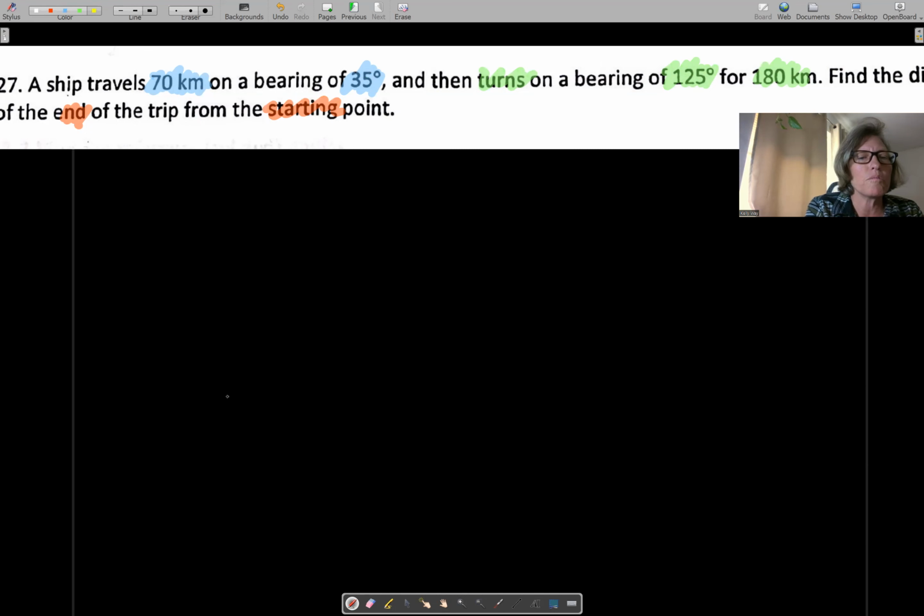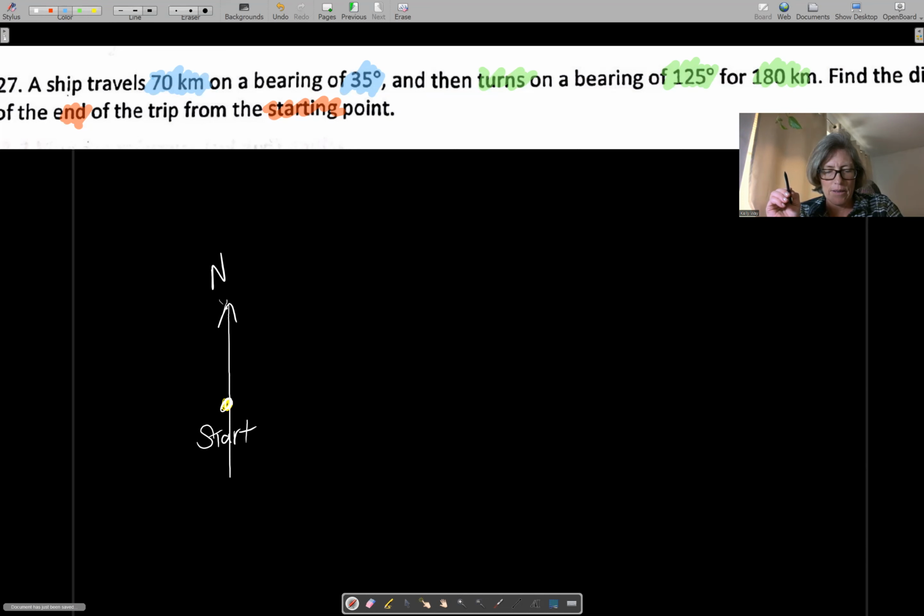So I'm going to hit start. This is our starting point. And draw my bearing line, which is north, and a bearing of 35 degrees. So we're going to go like so. 35 degrees.